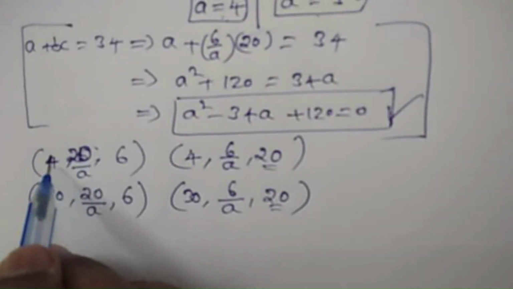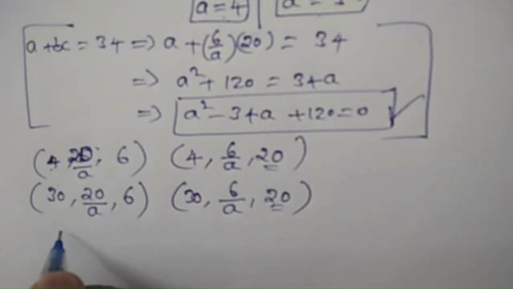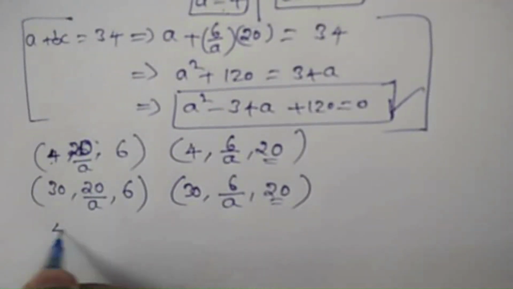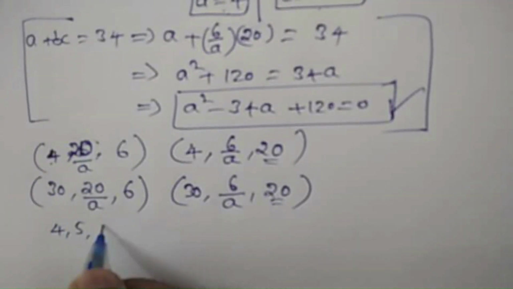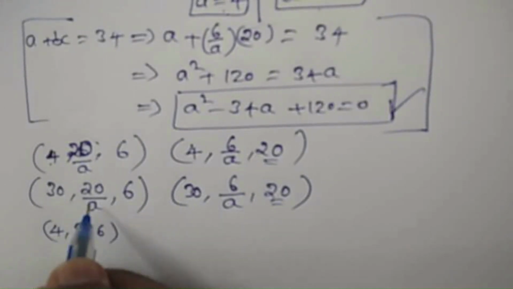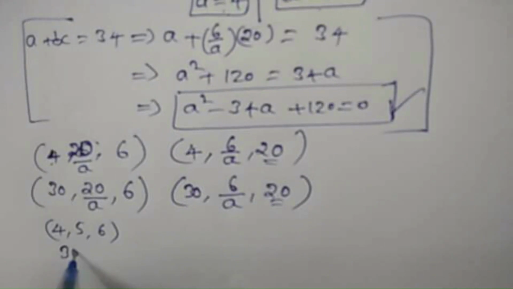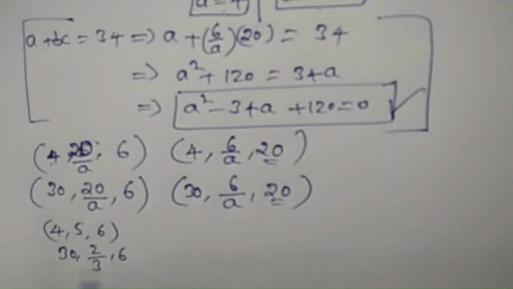Here we can see value of a is 4. This combination will become 4, 20 by 4 which is 5, 6. Similarly, this combination will become 30, 20 by 30 which is 2 by 3, and 6.